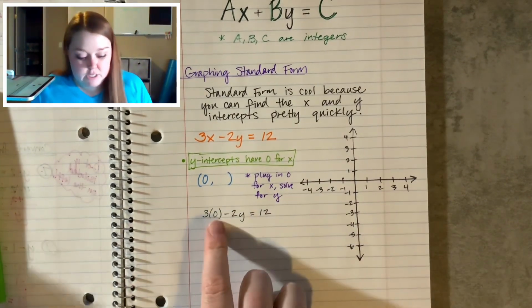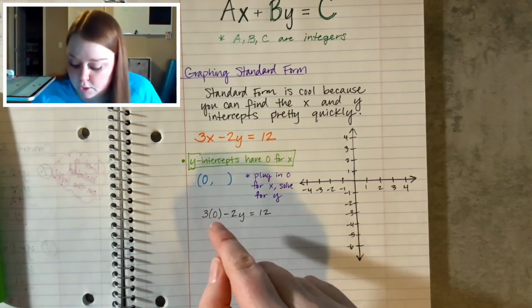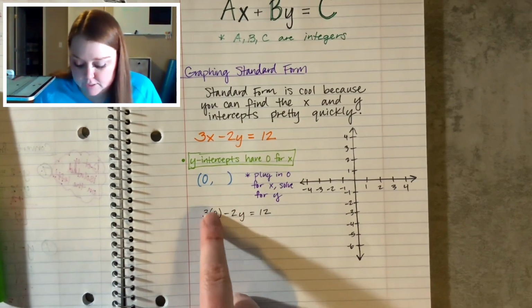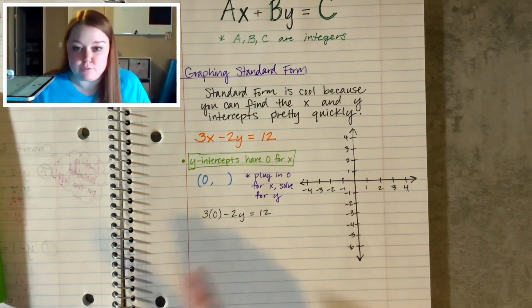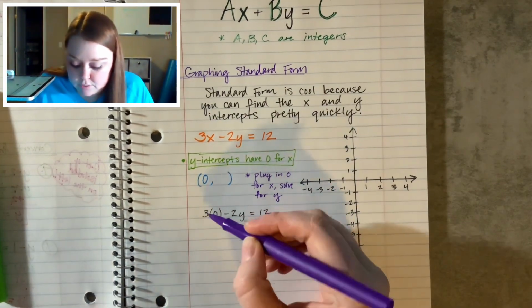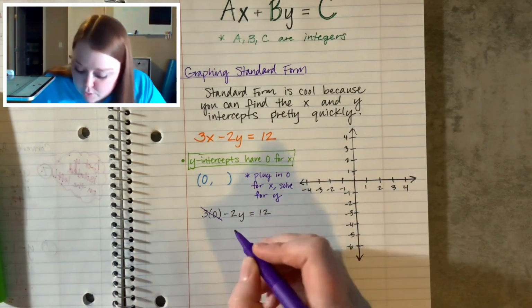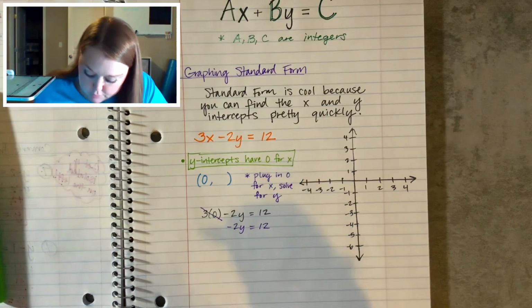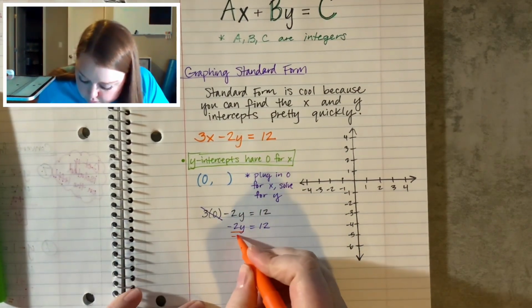Now, 3 times 0. What's 3 times 0? You better not say 3. 3 times 0 is 0. So I'm not even going to write a 0 in the next line, because 0 minus 2y is just going to be -2y. Plugging in a 0 there basically cancels out that whole term. So I'm left with -2y equals 12. I'm solving for y, so I want to get y by itself.